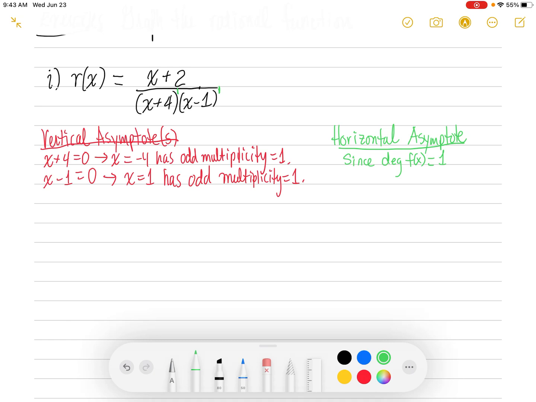And what's the degree of the bottom? Well, the bottom has a power of 1 and a power of 1. You can add those powers together. So add the multiplicities together. 1 plus 1 is 2. That's going to be the degree of the bottom. The degree of g of x, I'm going to call it, equals 2. So the top has a smaller degree, right? The top is degree 1. Bottom is degree 2. So since the top has a smaller degree than the bottom, then there's a horizontal asymptote at y equals 0.